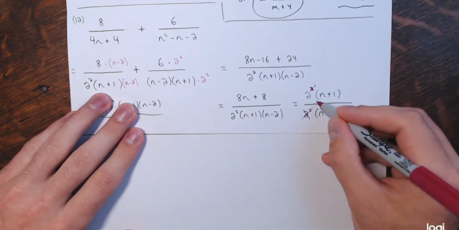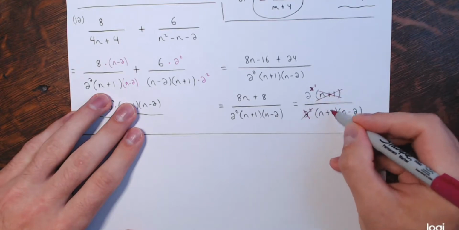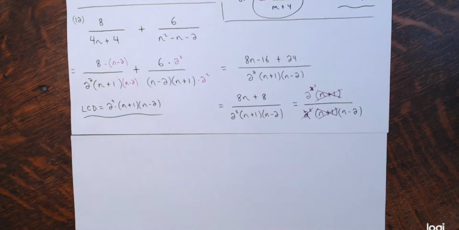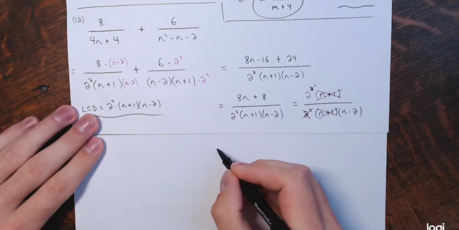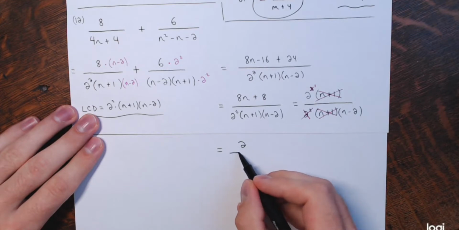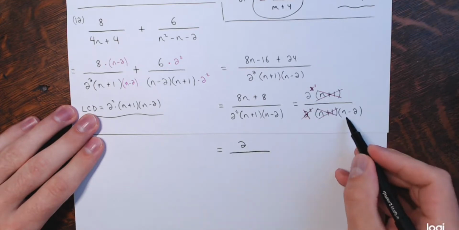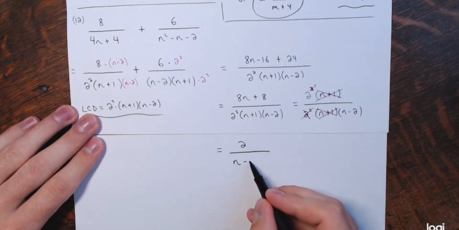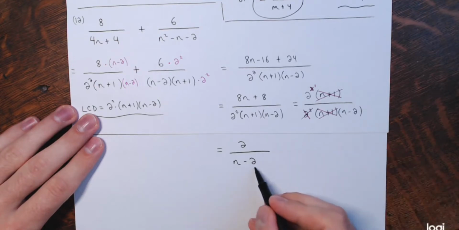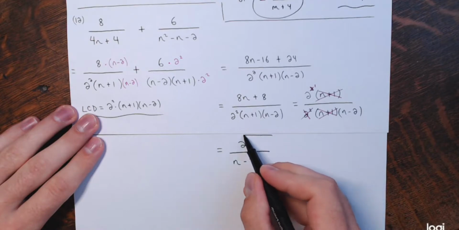I'm also seeing a common factor of n plus 1 in the numerator and denominator, so those will cancel. All right, so what I'm left with is 2 in the numerator. That's it. And n minus 2 in the denominator. And since it's the only factor left in the denominator, there's no need for parentheses around it. And here we go.